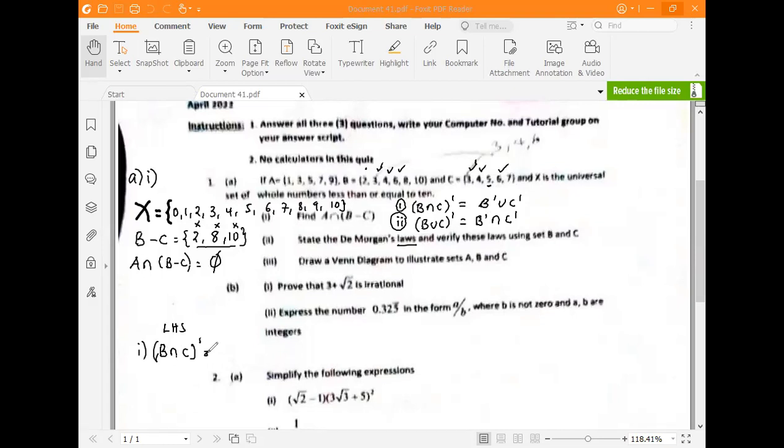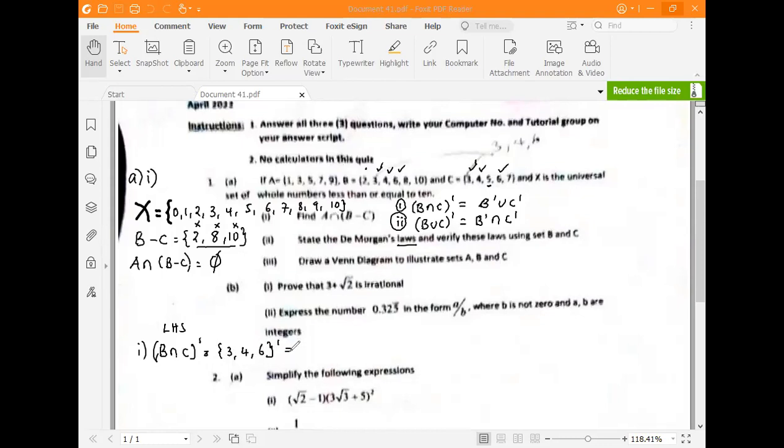This is different from what we were doing here. We were doing B minus C, so we were removing what was common. Now we want what is common. So what is in both sets? Those were found in both sets. So in the intersection, we have 3, 4, 6.